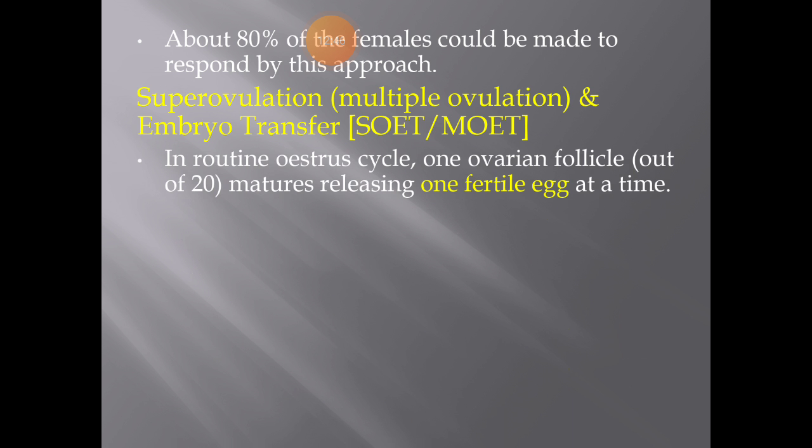Please note, there will be many follicles developing in the follicular phase of the estrus cycle. Around 20 will be developing. Out of 20, ultimately only one ovarian follicle attains maturity, and that one will release the egg. This is what normally happens in a regular routine estrus cycle.